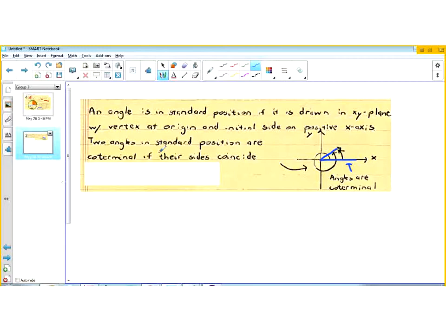Two angles in standard position are coterminal if their sides coincide. For instance, we have the blue angle, and suppose we draw another angle: we start here and take one lap around a circle in some sort of circular motion, so where I'm stopped right now is 360 degrees.